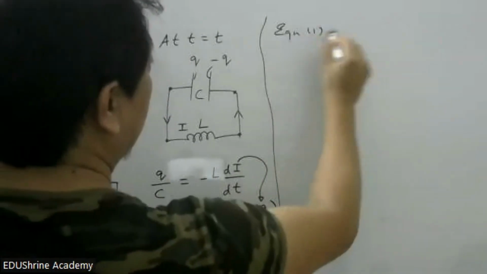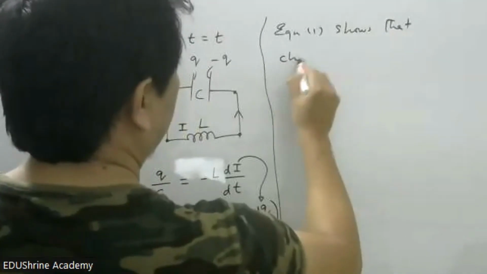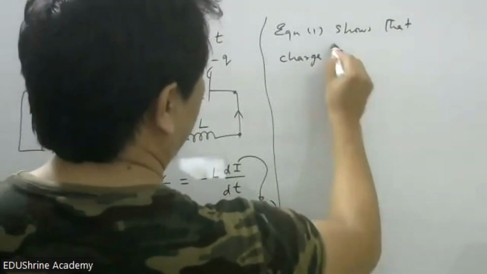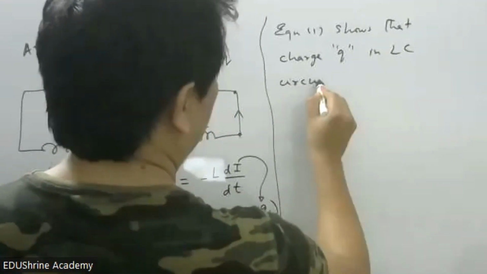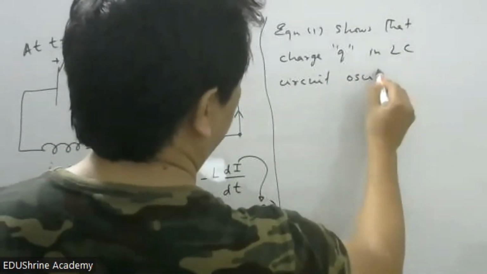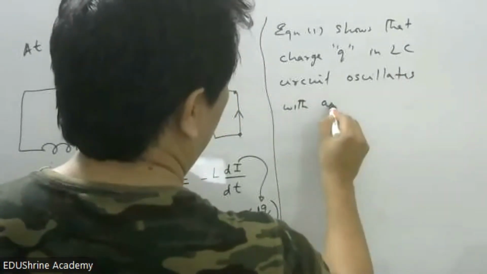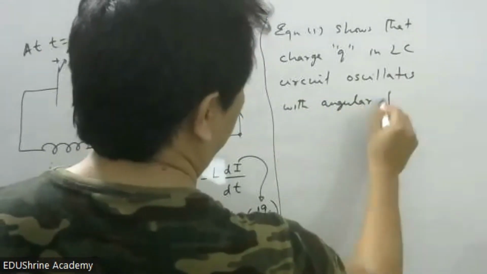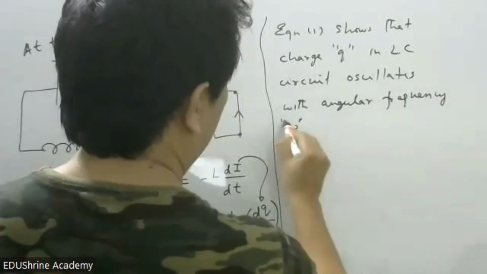Equation 1 shows that charge Q in LC circuit oscillates with angular frequency omega given by.